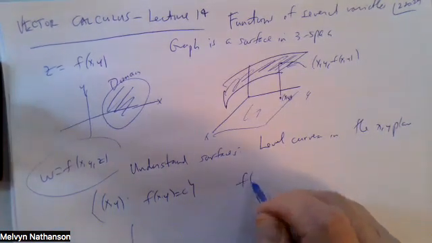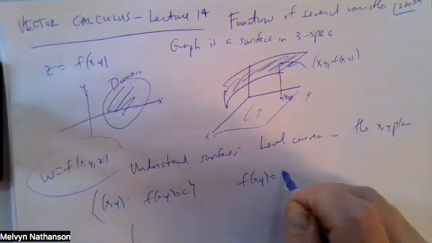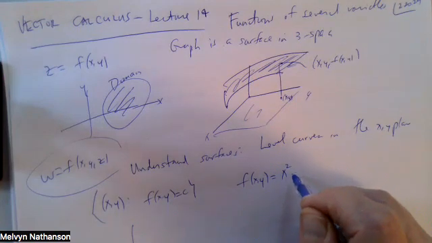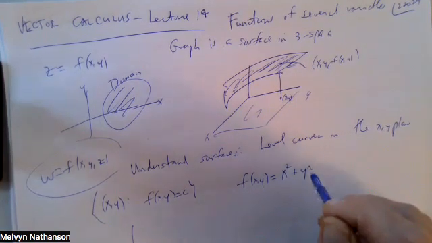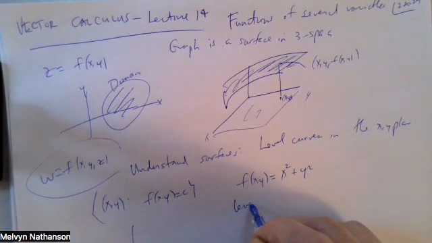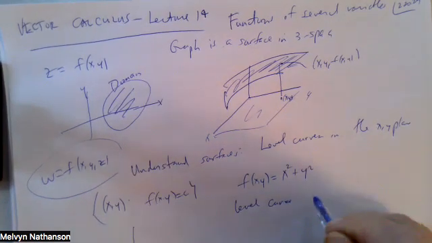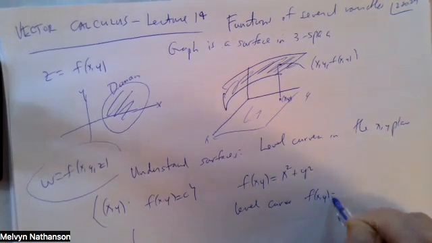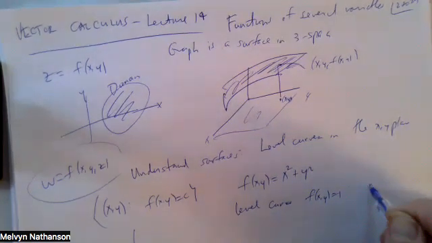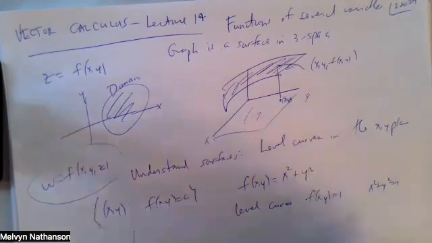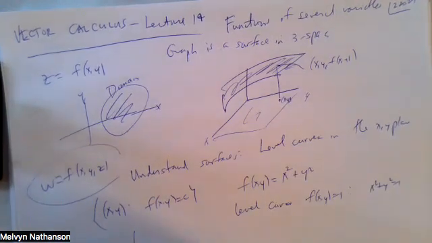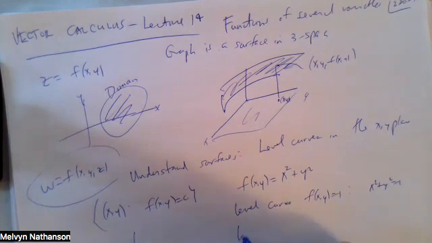So suppose we had the function f of x, y equals x squared plus y squared. So the level curve f of x, y equal 1 is all points where x squared plus y squared equals 1. It's the circle of radius 1.